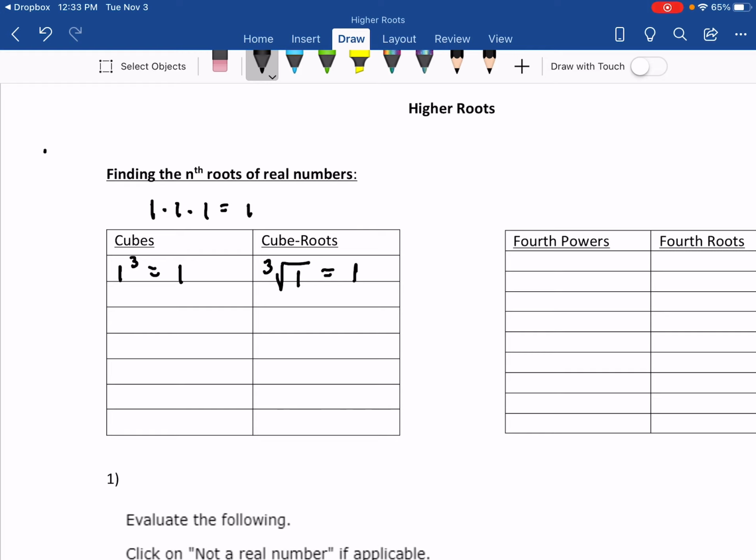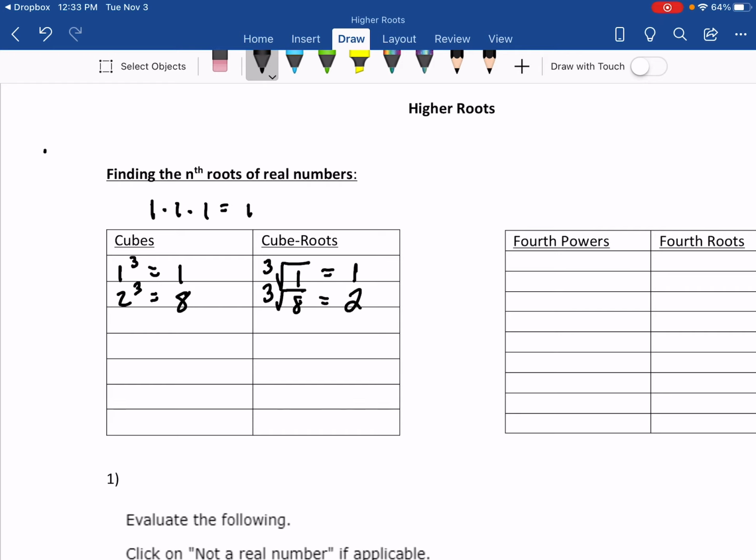And the number that we can cube in order to get an answer of 1 is also 1. Okay, so 2 cubed is 8, right? That means the cube root of 8 is 2. Okay, so as you see, to write the cube root, it's like a square root sign with a 3 off to the side.